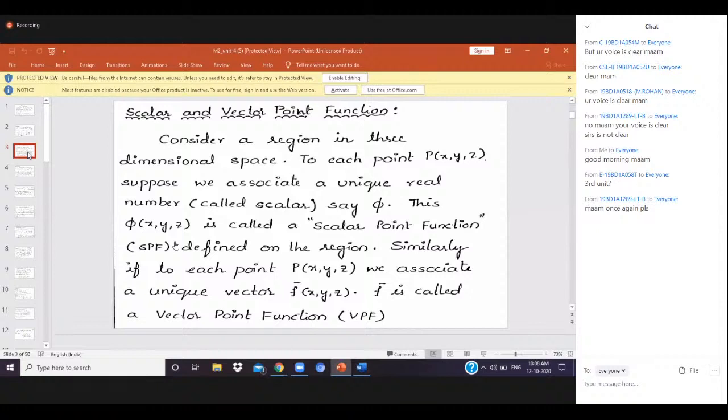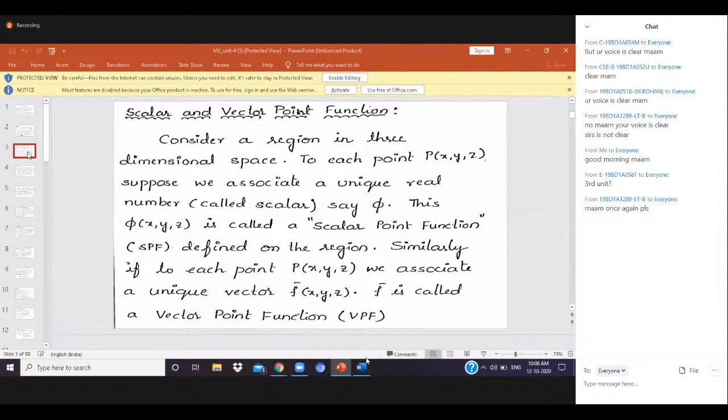This is in three dimensions. We assume a point P of x comma y comma z. Suppose we associate a unique real number or scalar, which we take as phi. This phi of x comma y comma z is called scalar point function.